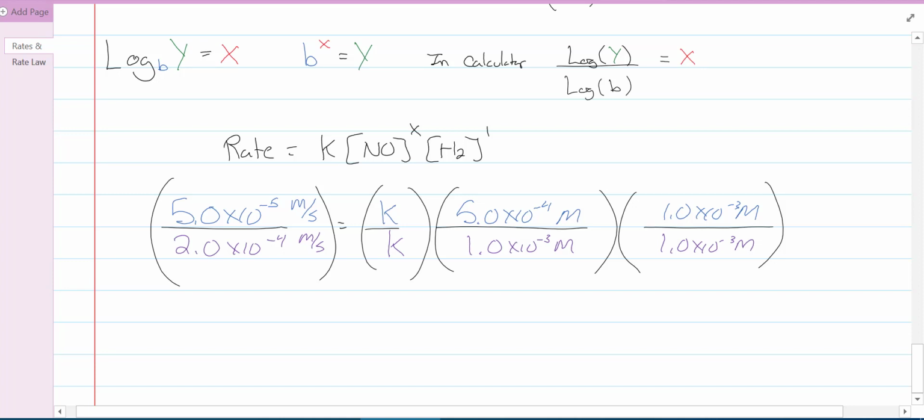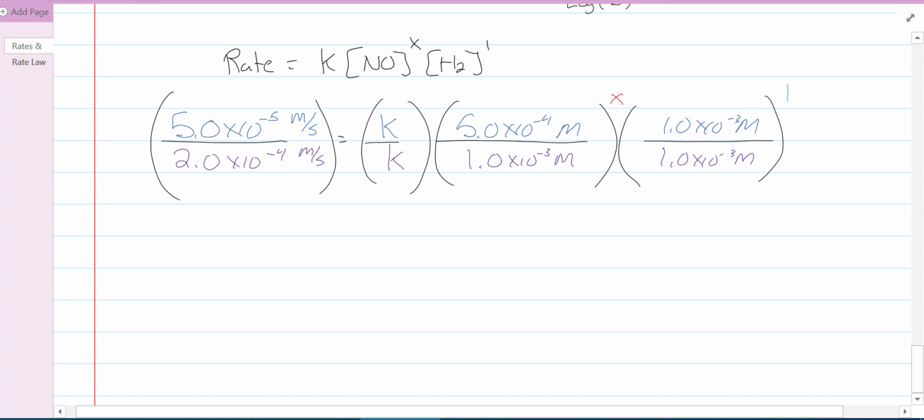Alright, so X power right here, we don't know that one. I didn't change color on me. X, we know this one's 1, and we're good to go. Alright, so math.